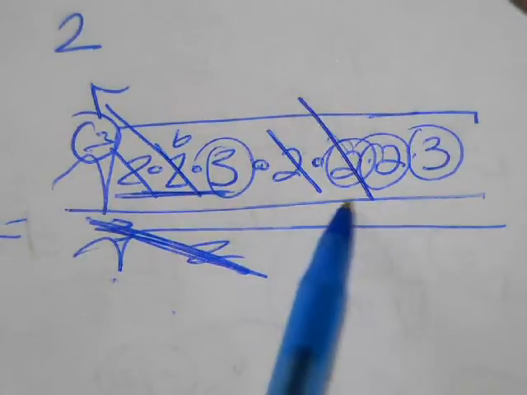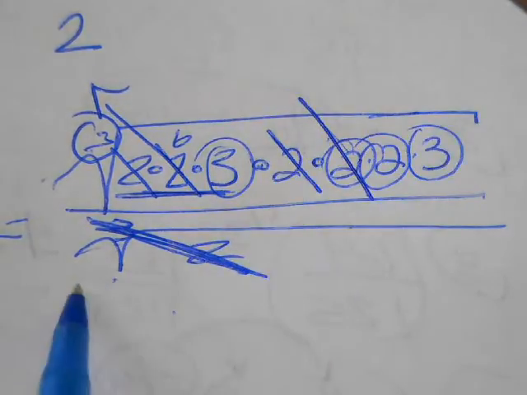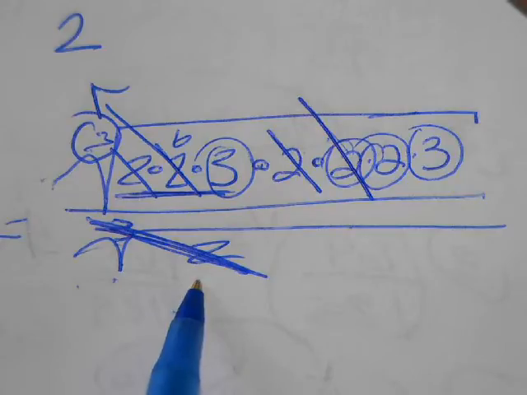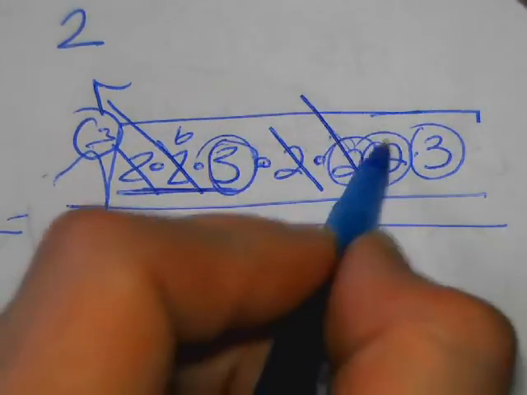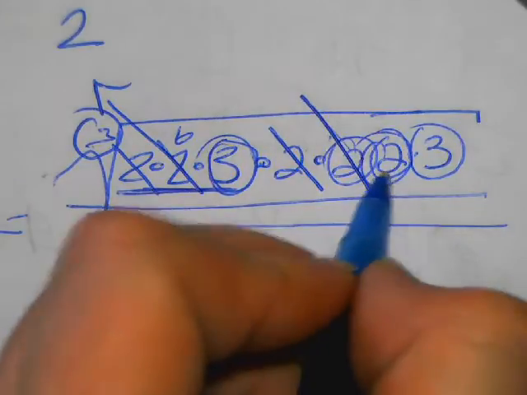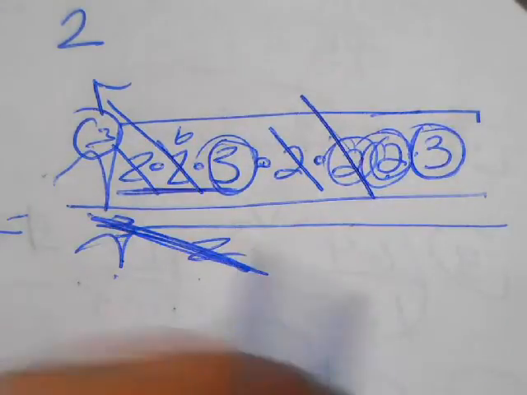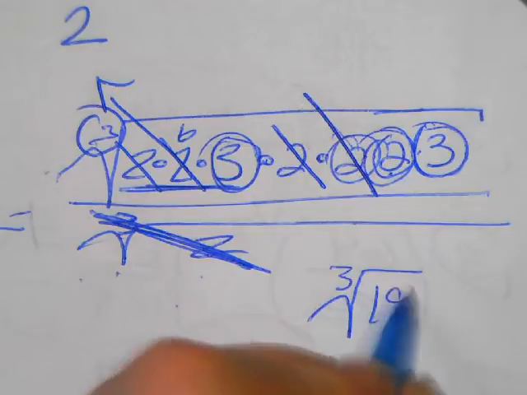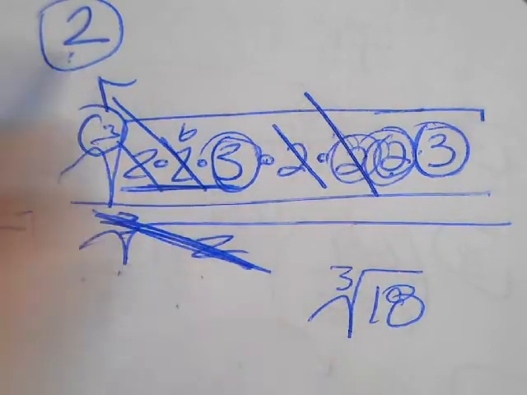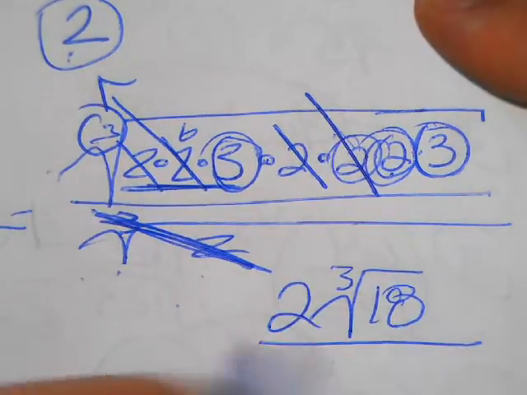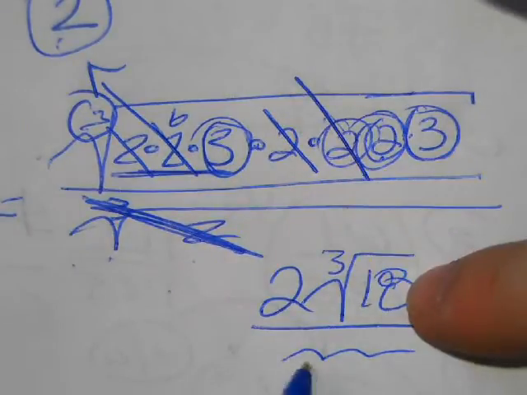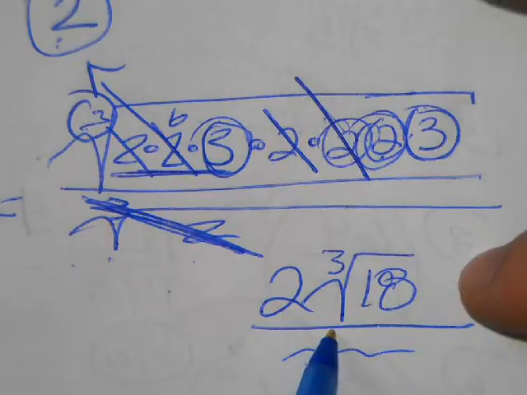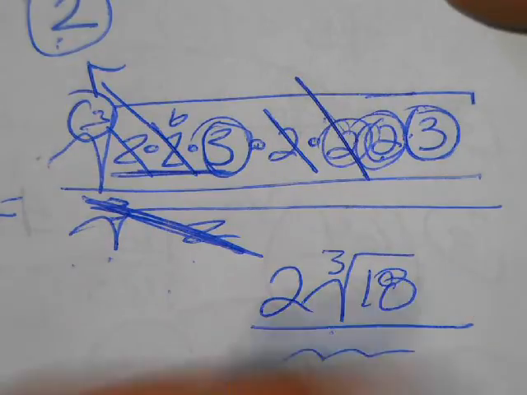That means all I have left is 3 times 2, which is 6. 6 times 3 is 18. So this is the cube root of 18. I have a 2 on the outside, and I don't have any denominator left because I made it equal 1. So 2 cube roots of 18 is going to match with letter S.